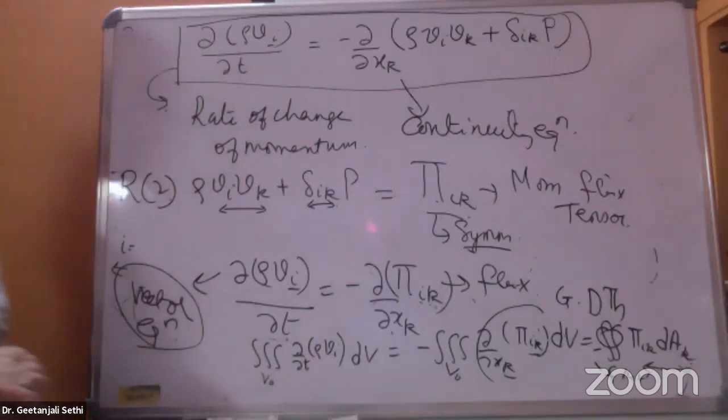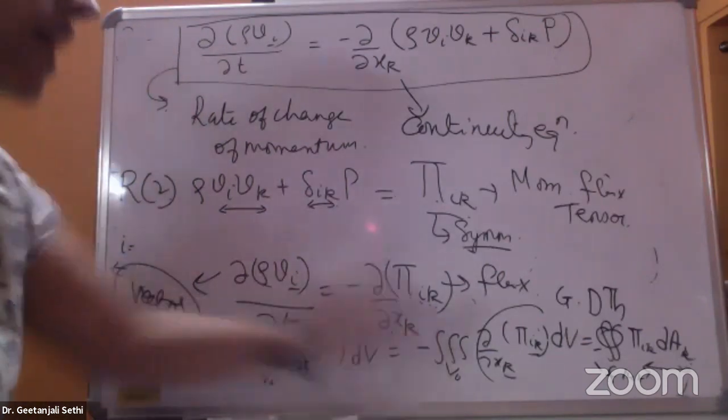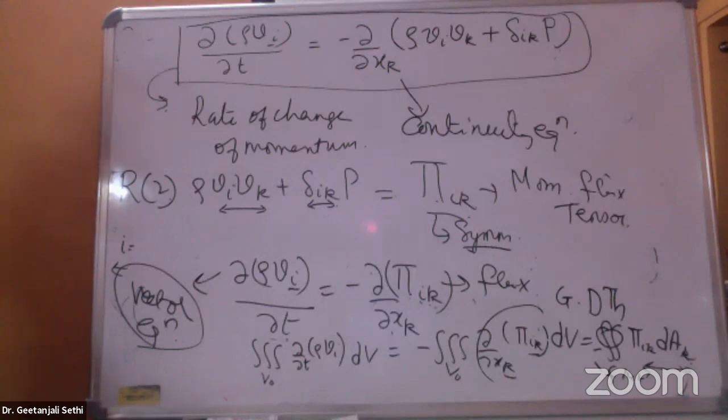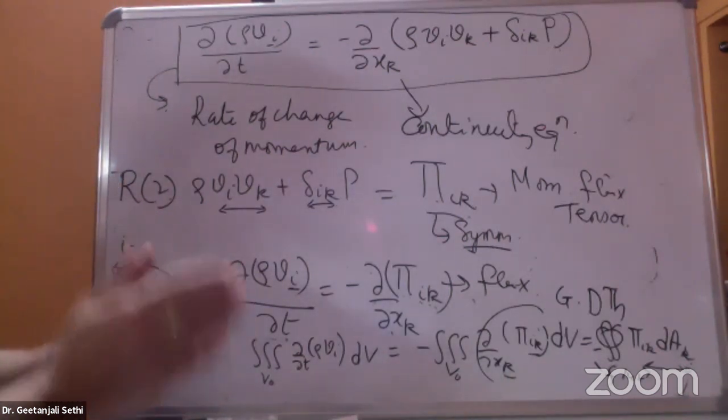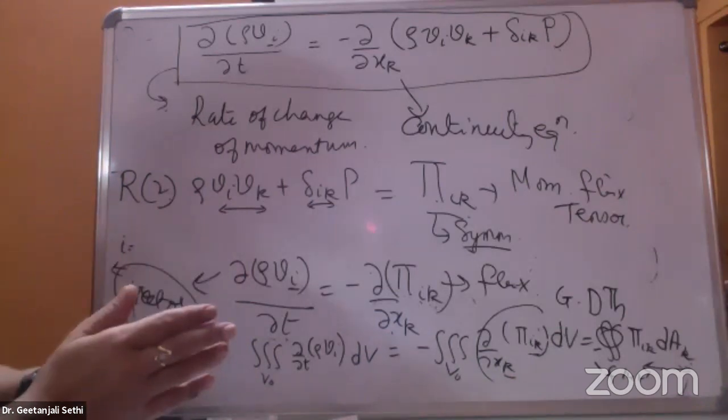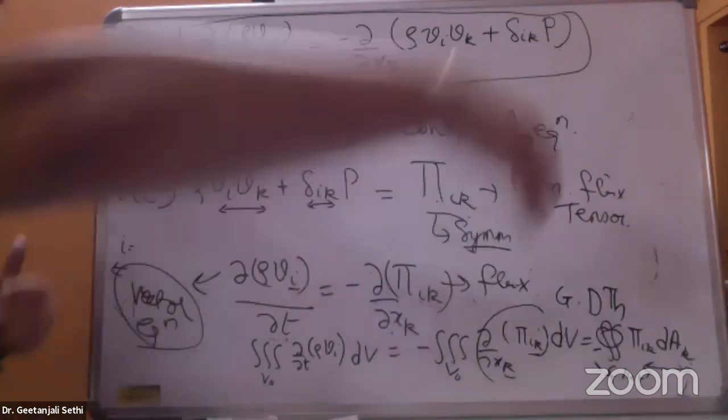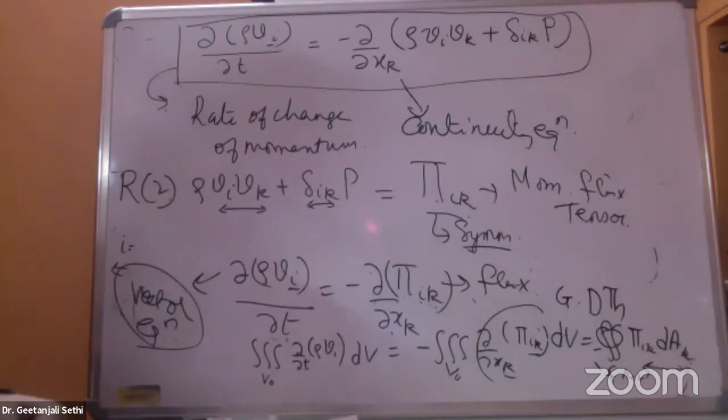So you see, I started with the rate of change of momentum. So what is this flux basically going to represent? If I look at how momentum changes within a small volume, it is just like the flux of the momentum flowing out through the surface of the volume that describes that element, right?